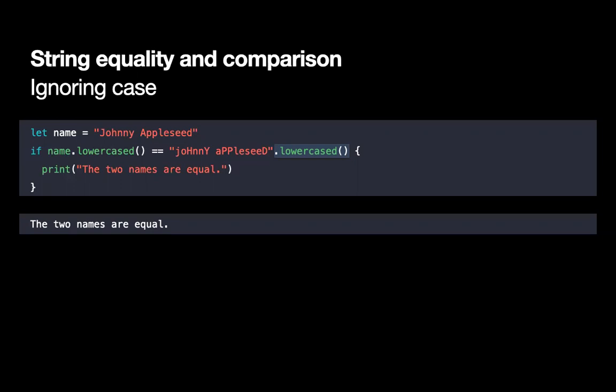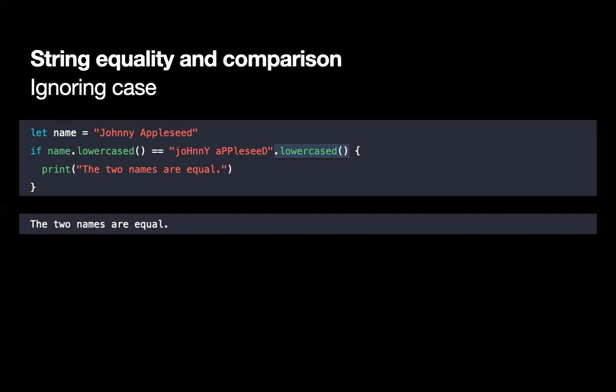And again, we check if name dot lowercase equal to "johnny appleseed", where we are comparing the second Johnny Appleseed with the first name constant.